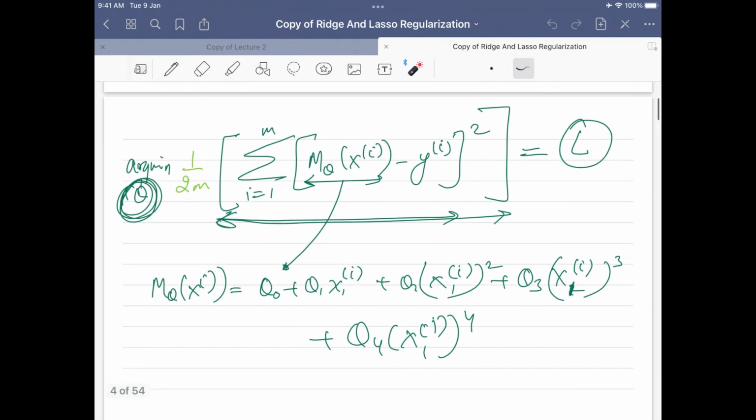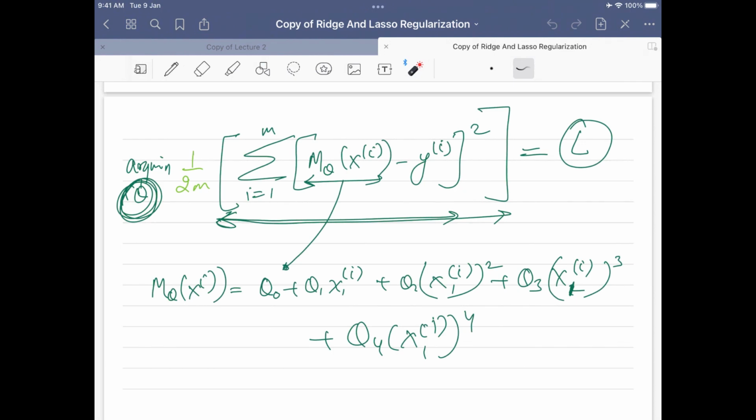So right now I am assuming this model m theta of xi to be of this particular form, and you know that you have this xi. So you expanded the feature space, which we have already explained in our last lectures.